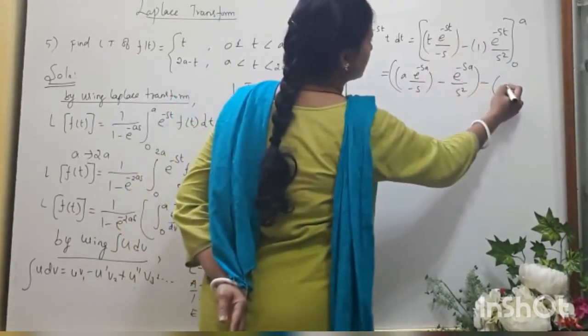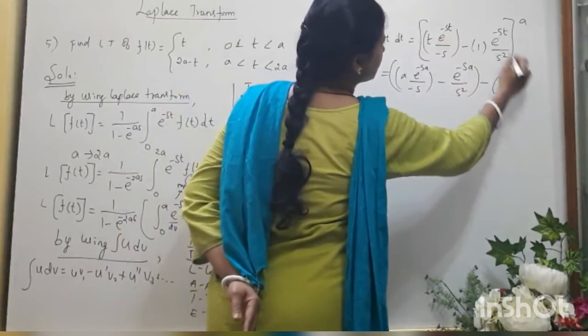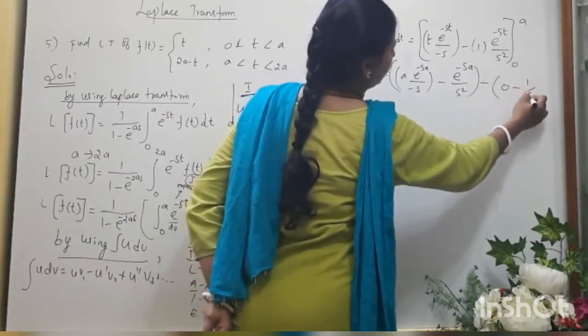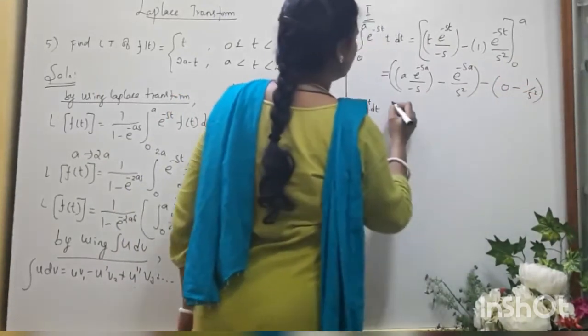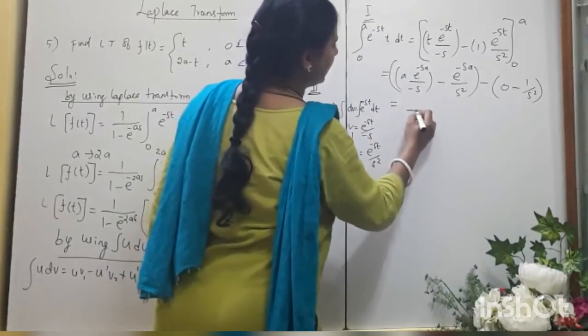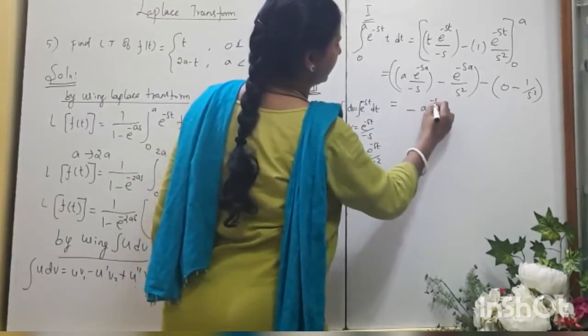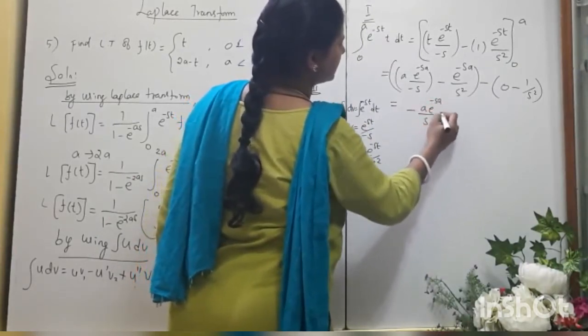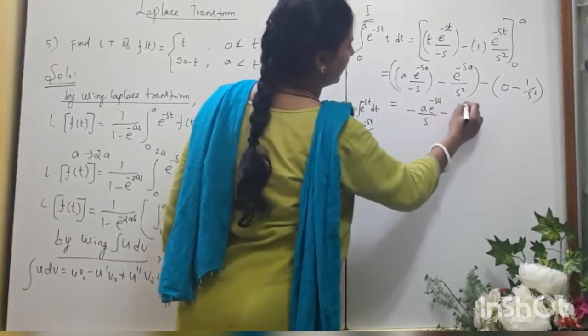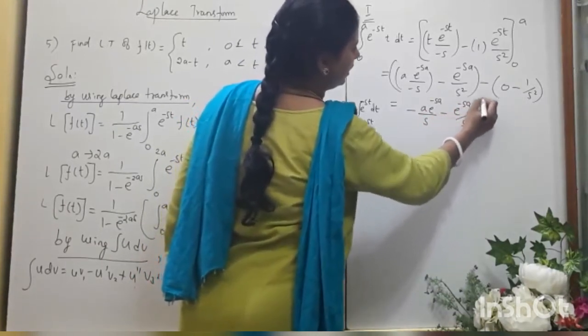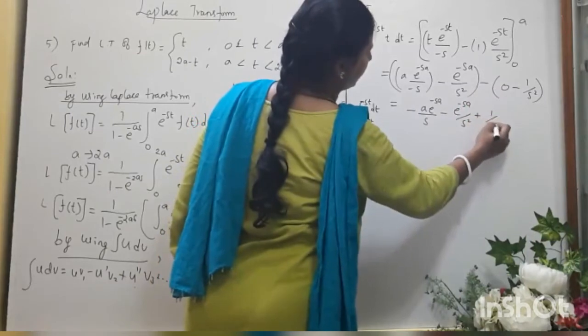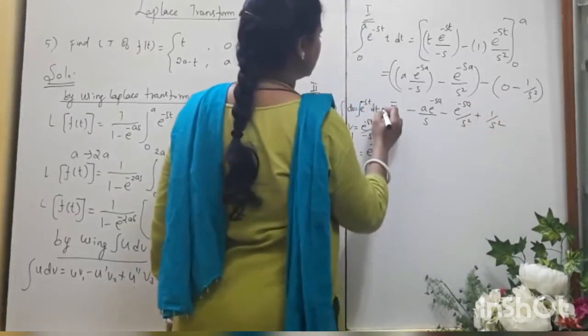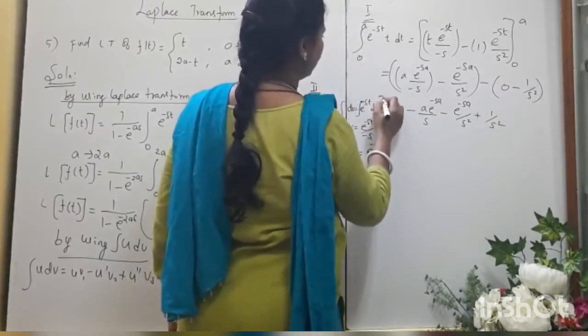Lower limit means 0, minus this part is 1 by s square. So what is that? Minus a e power minus sa by s minus e power minus sa by s square, minus and minus plus 1 by s square. This is for part 1.